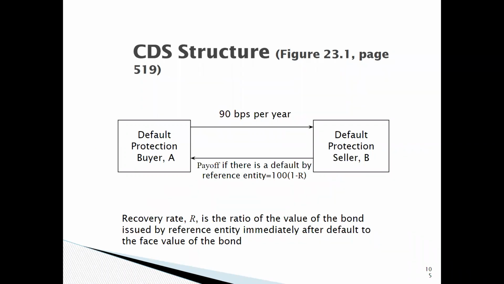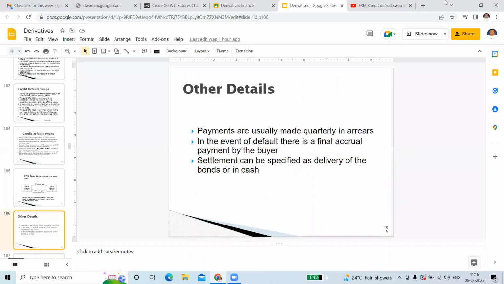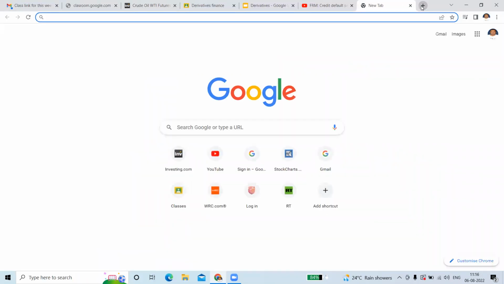Okay, now please understand, default can not only happen to individual companies, it can also happen to countries. So recently you could have looked at default probabilities from credit default swaps. So have a look at this.